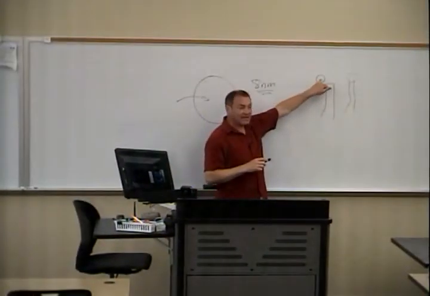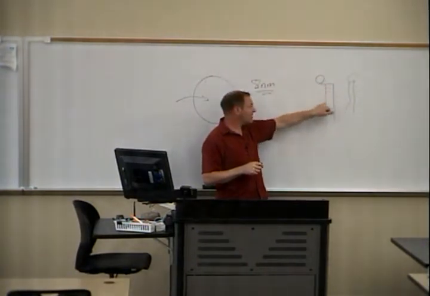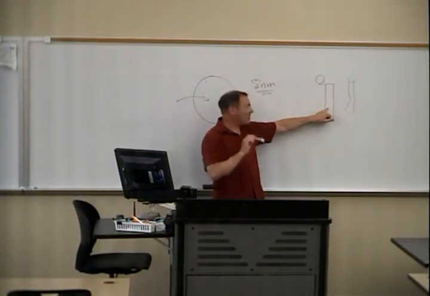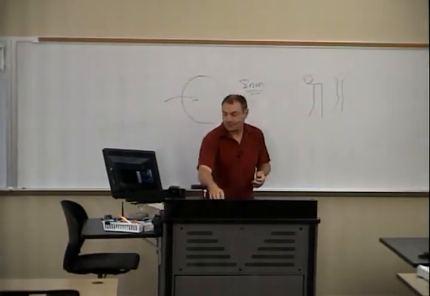The phosphate head is hydrophilic, which means water loving. And the fatty acid tails are hydrophobic. And why are they hydrophobic? It's because it's a lipid. It's a fat. The carbon is primarily non-polar covalent bonds, right? Good.